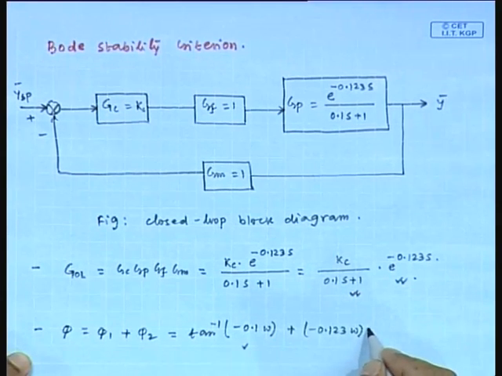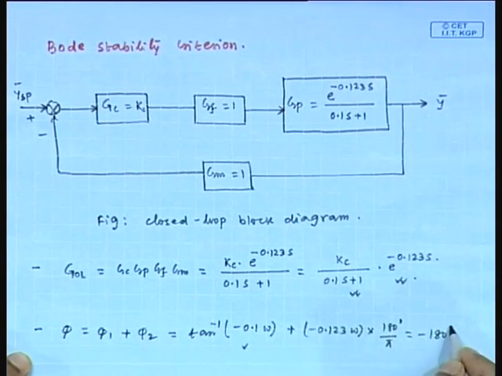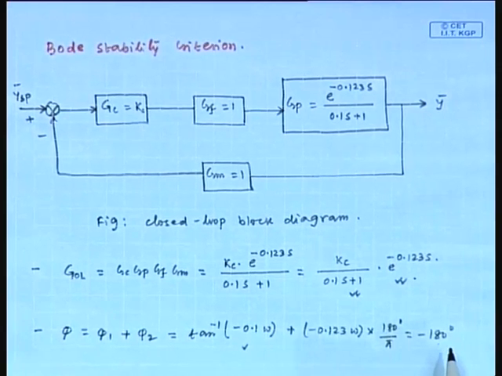So, we will multiply this with 180 degree divided by pi. Definitely, if we write in the right hand side minus 180 degree, you can write here minus pi also. Accordingly, you write the left hand side. Presently, we are representing all in degrees. Fine.